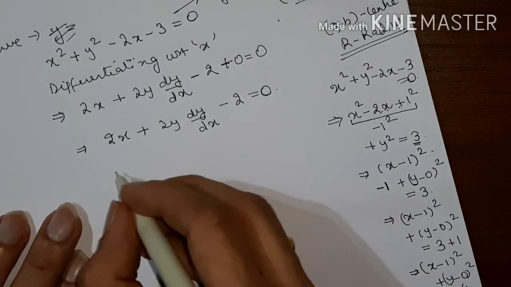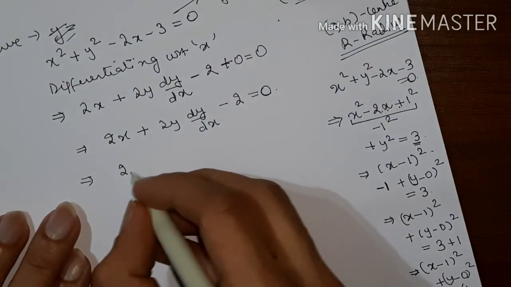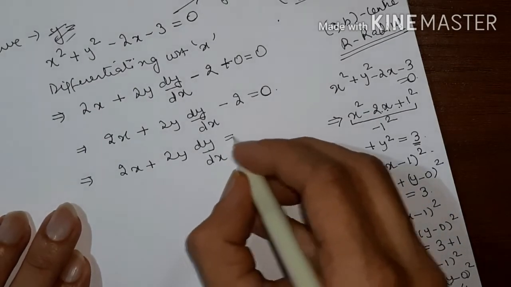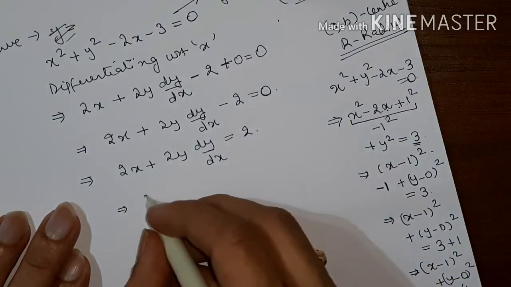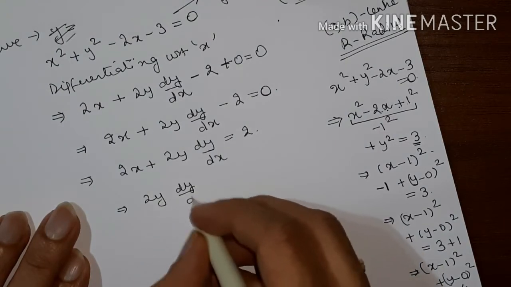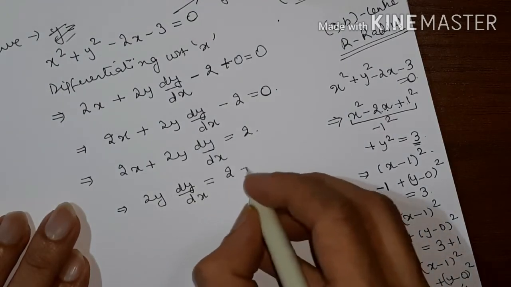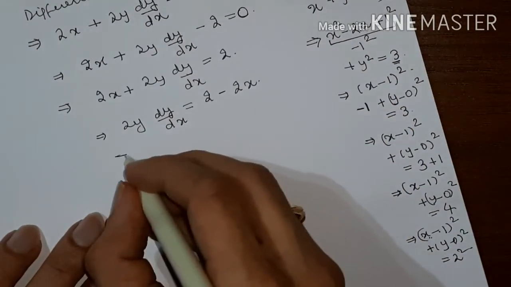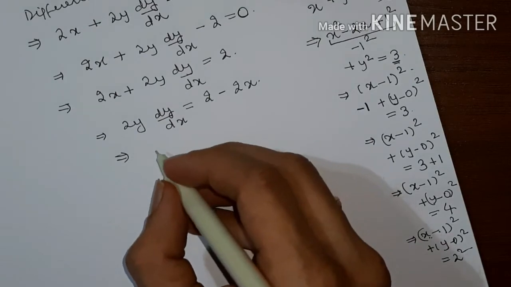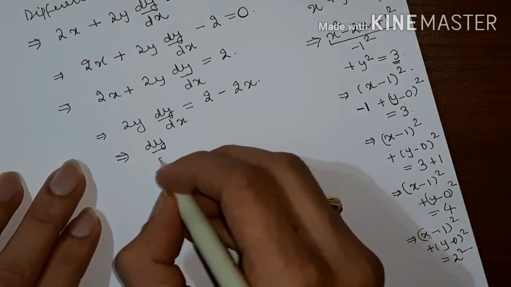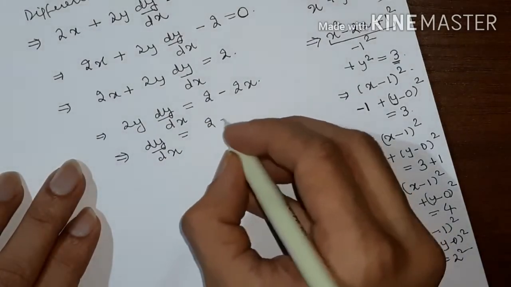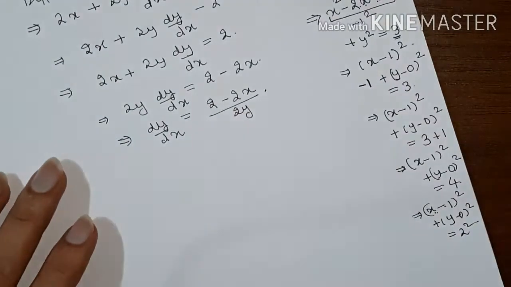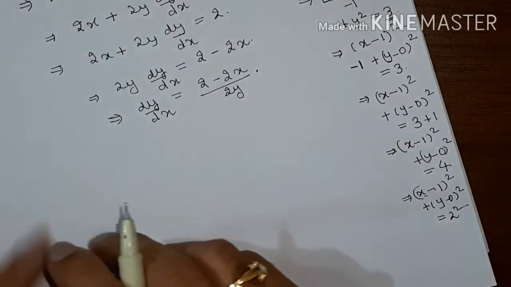That means 2y dy by dx is equal to 2 minus 2x. So this is nothing but dy by dx equal to 2 minus 2x divided by 2y. So this is the dy by dx.